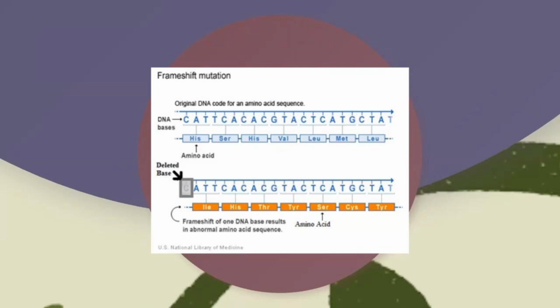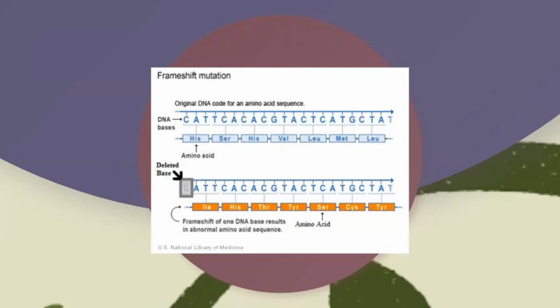However, as we said before, because there is redundancy in the genetic code, some of these changes to the codons may not actually result in a change in the amino acid being coded for. So it might not have such a big effect on the polypeptide chain as you might think.